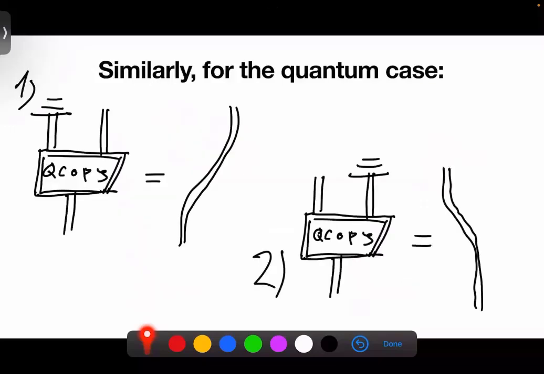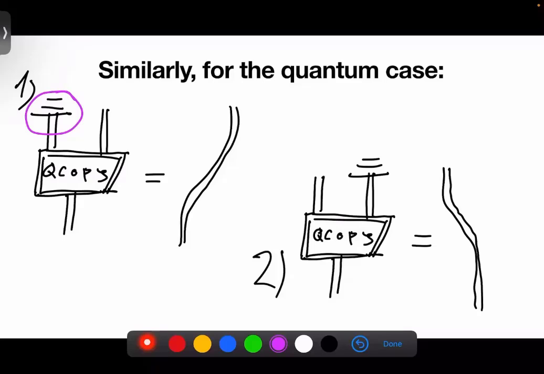And yes, this is exactly what I'm saying here. In the quantum case, let's say we come up with this magical quantum copy box. What this should be doing is that if you discard information on one of its wires, oh, sorry, yes? I heard someone speaking.